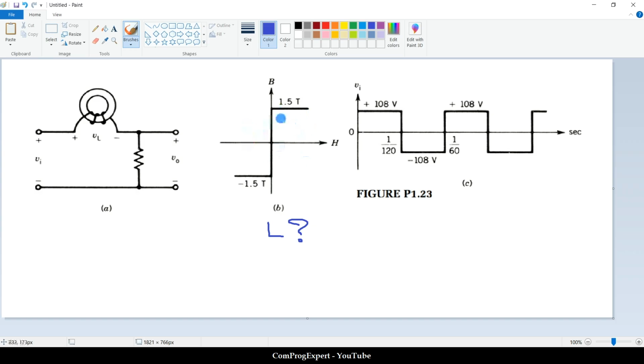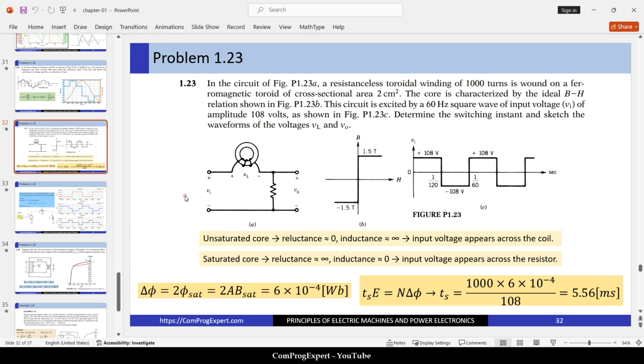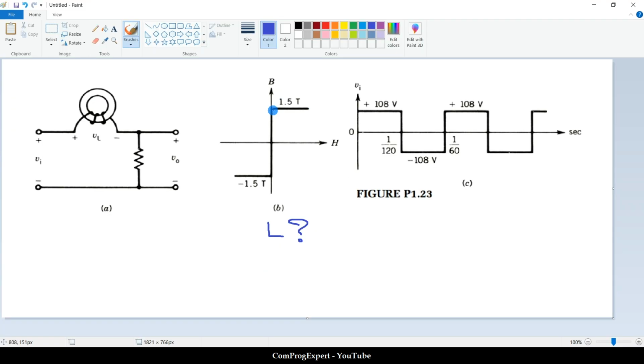In this case, we have two operating modes. We have the unsaturated core, this region, this line, this one, when the core is not saturated, and the saturated core, these regions.